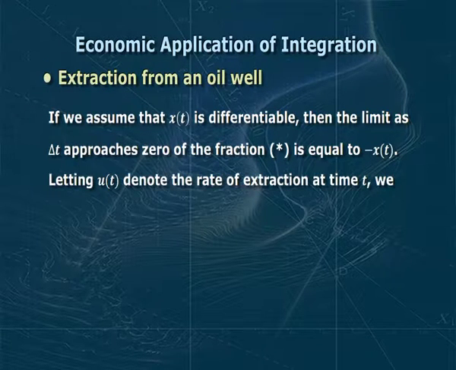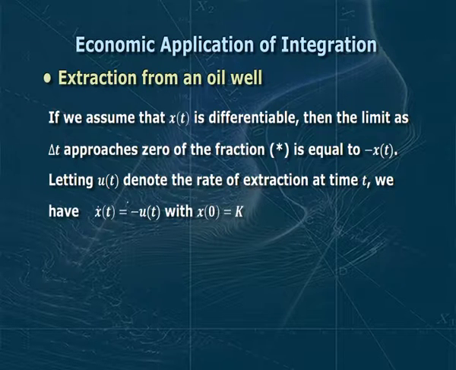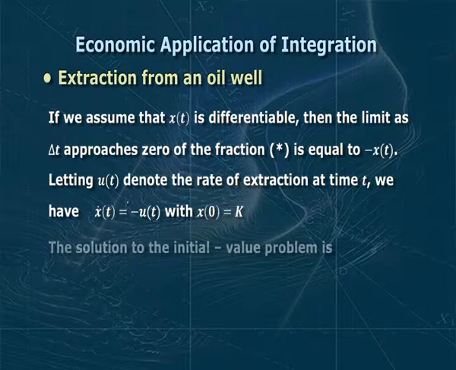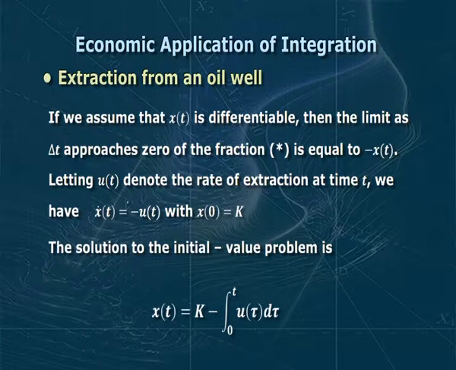Letting u(t) denote the rate of extraction at time t, we have x'(t) is equal to minus u(t) with x(0) equal to k. The solution to the initial value problem is x(t) equal to k minus the integral of u(zeta) d zeta from 0 to t.